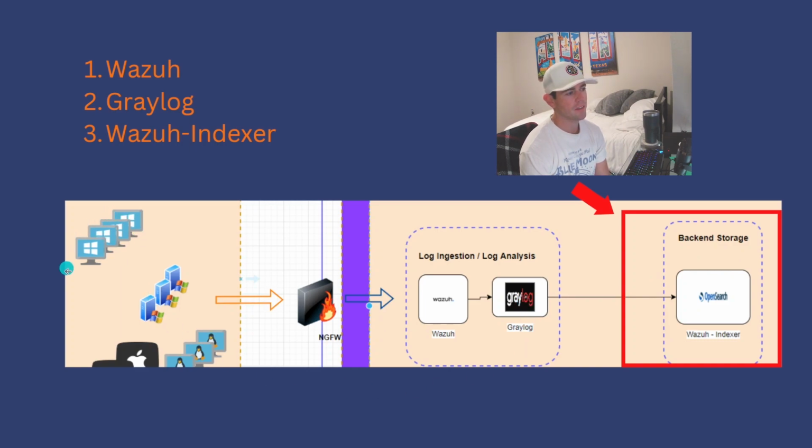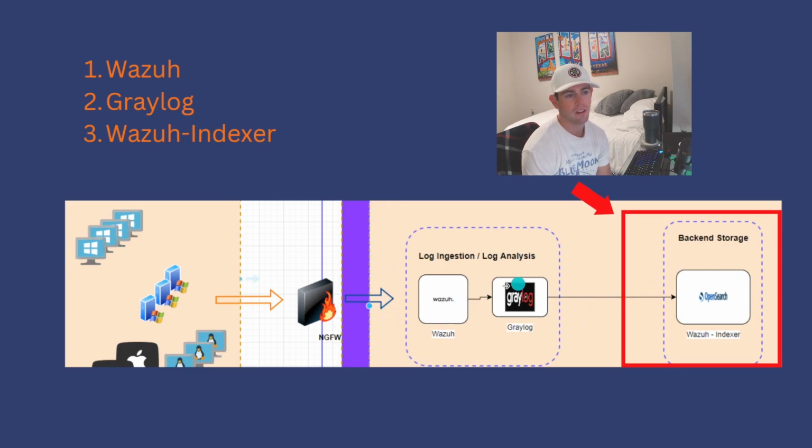Our endpoints are first going to send their logs via the Wazuh agent to our Wazuh Manager. Our Wazuh Manager is then going to send them to Graylog. Graylog is going to do our log normalization and some of our enrichment. And then Graylog is actually going to write the logs to our Wazuh-Indexer. And that'll be how our data ultimately flows and gets to the Wazuh-Indexer.